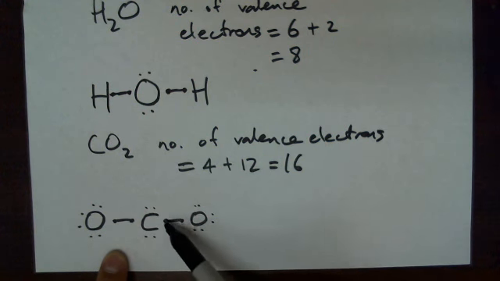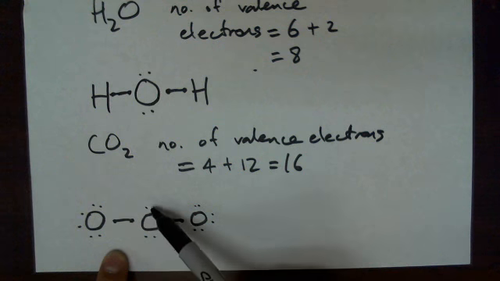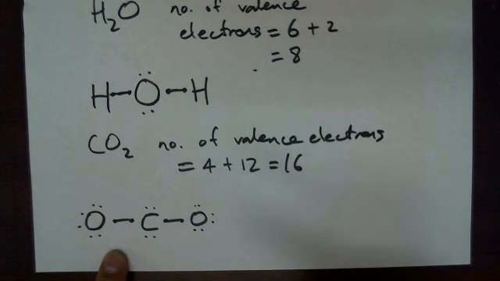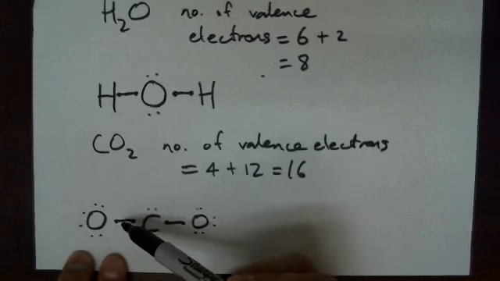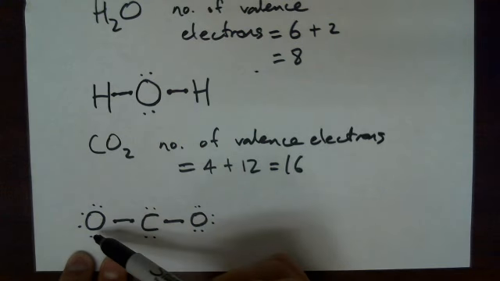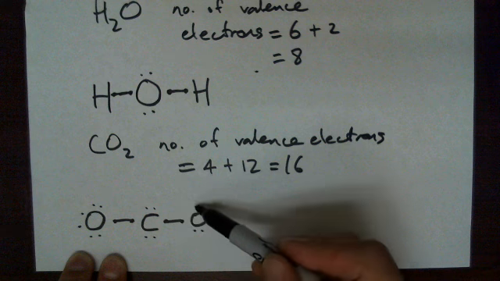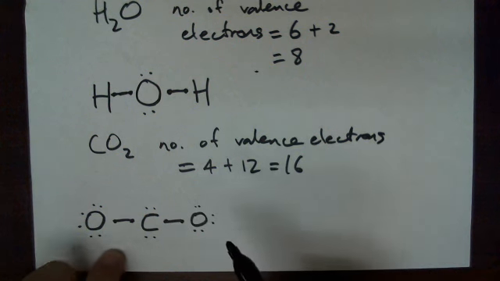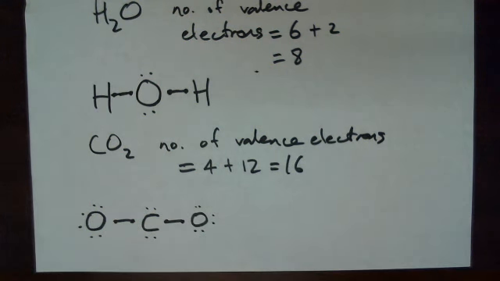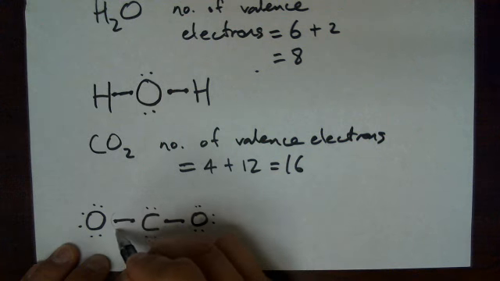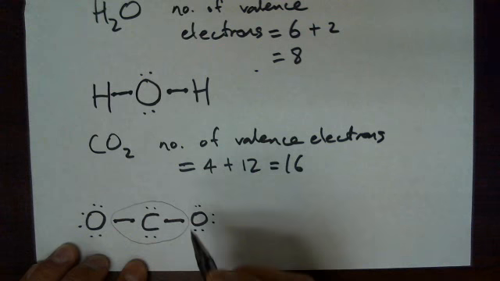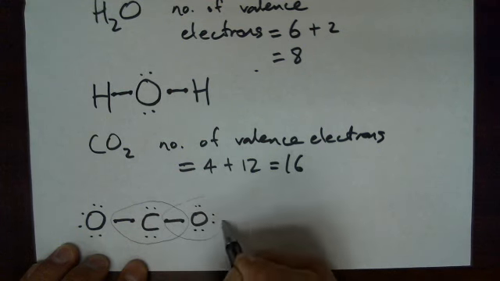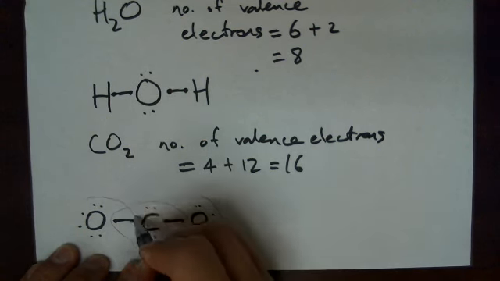So for the carbon, there'd be 2, 4, 6, 8. Now the oxygen will also count these 2 electrons. So oxygen's got 2, 4, 6, 8 here, and 2, 4, 6, 8 here. I hope that sort of makes sense. The carbon counts those electrons as its own, and the oxygen also counts those electrons as its own.